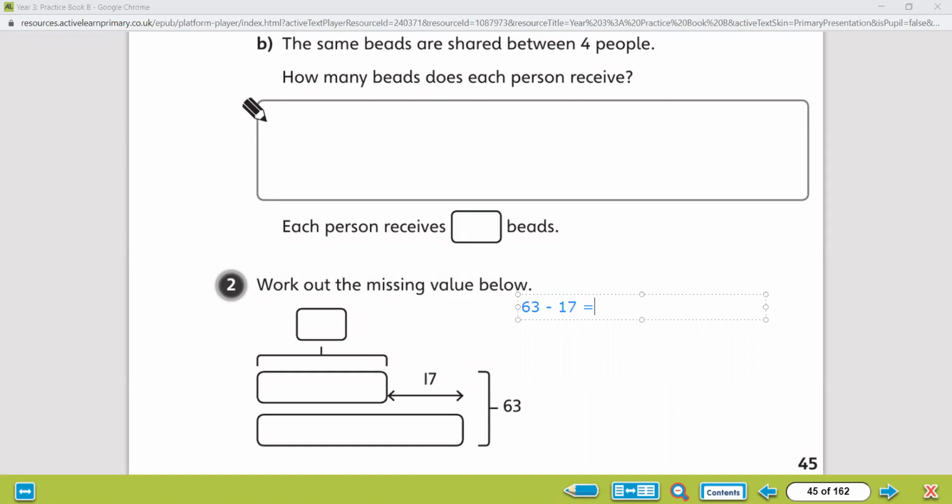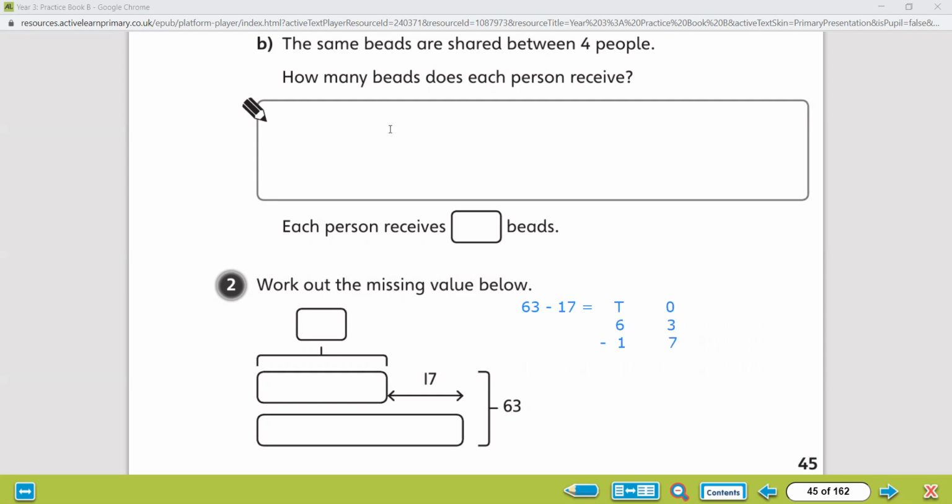Okay. Now, I'm going to do that as a column subtraction. I'm going to do 60, 3, take away 17.